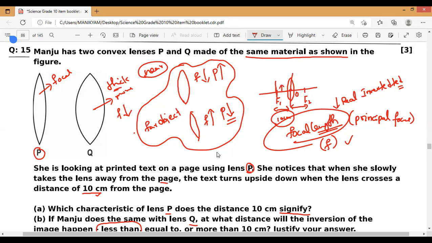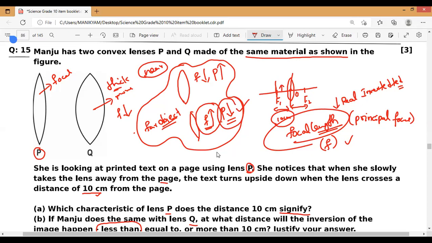All of you, when we are seeing the far objects, the lens should be thinner so that focal length is maximum. So power should be what? Power should be minimum. Is it yes or no?